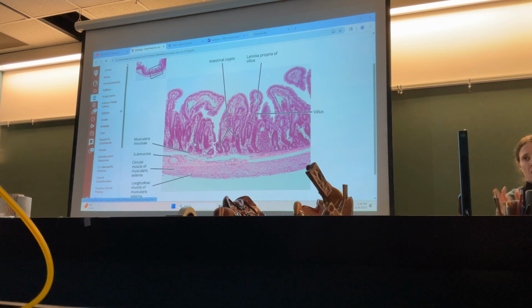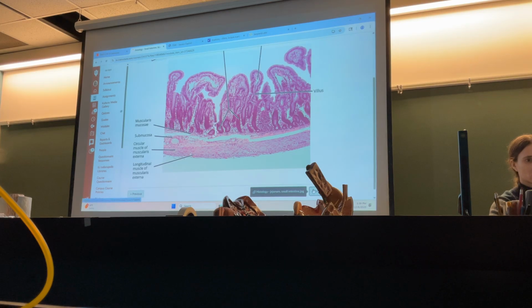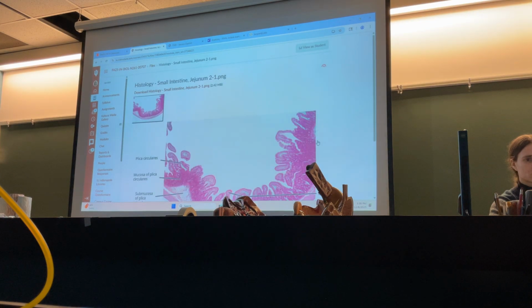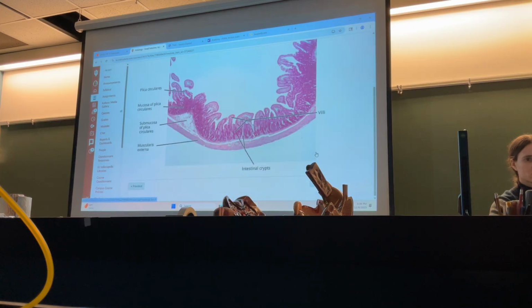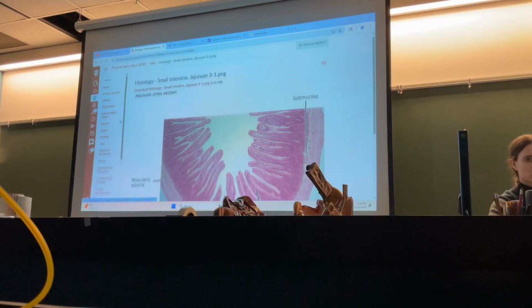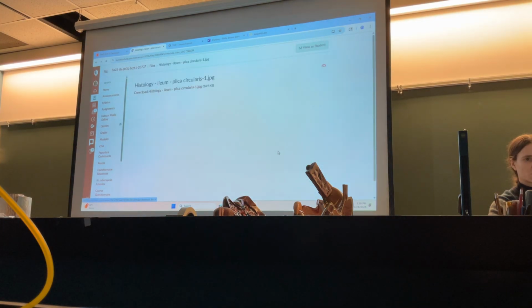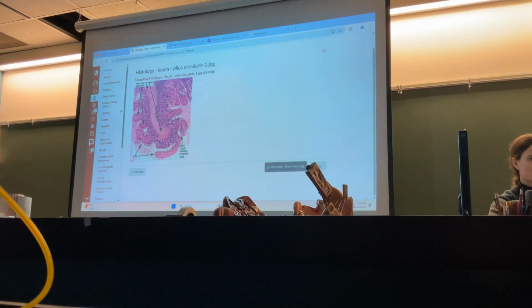And they're not going to have Peyer's patches or Brunner's glands, to my knowledge. I always felt like the submucosa was particularly thin for the jejunum, but I could be wrong.